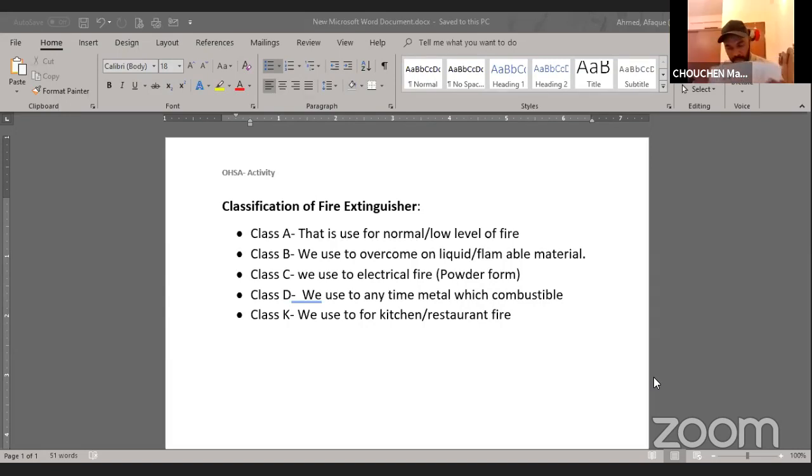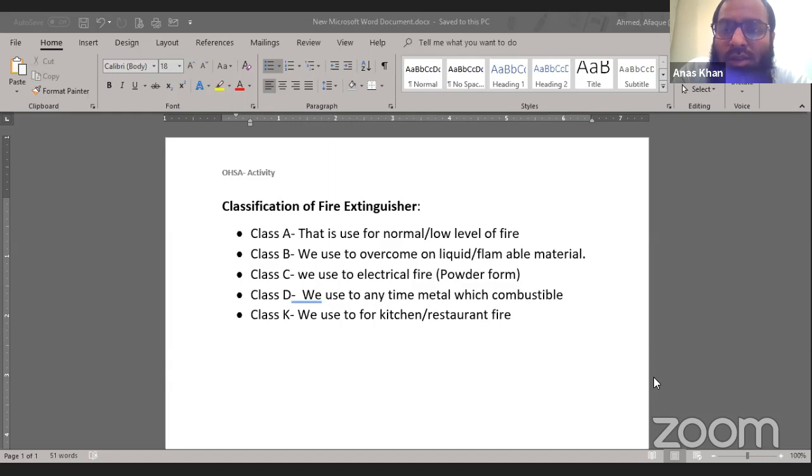Then we have class C, the CO2 type, for electrical fire. For these, we will be using CO2 fire extinguishers. For A class of fire, we will be using water. Normal water is okay. Even DCP is okay.